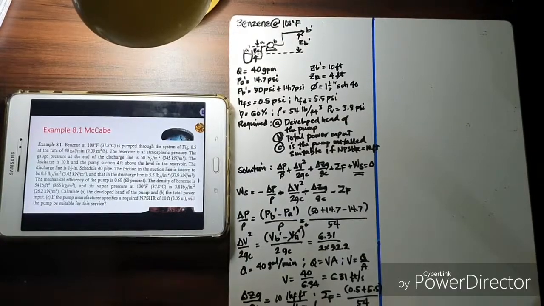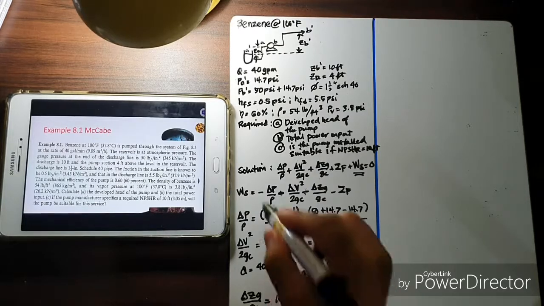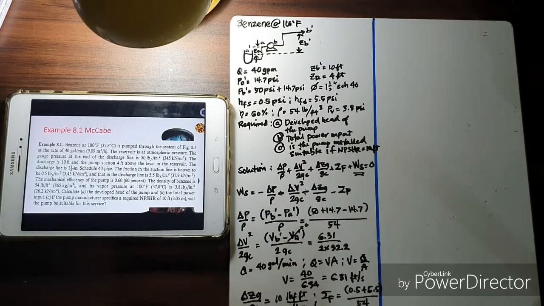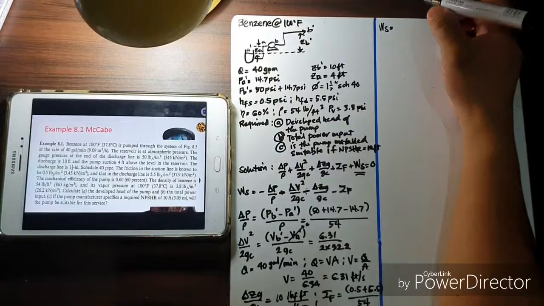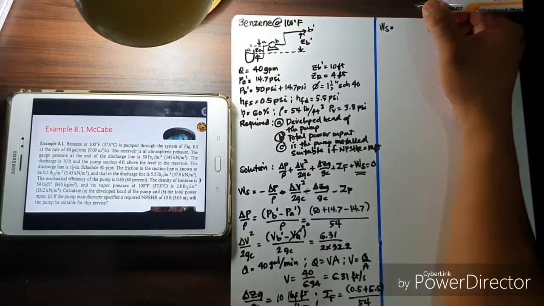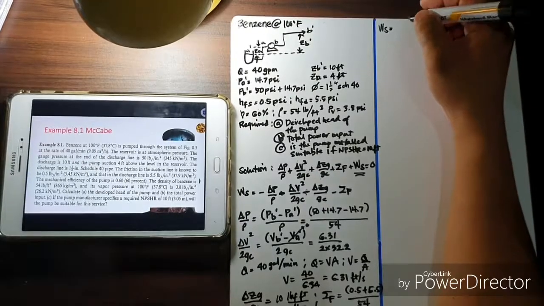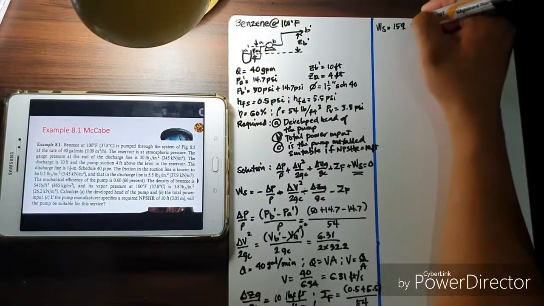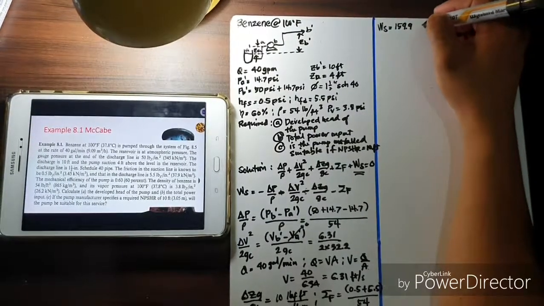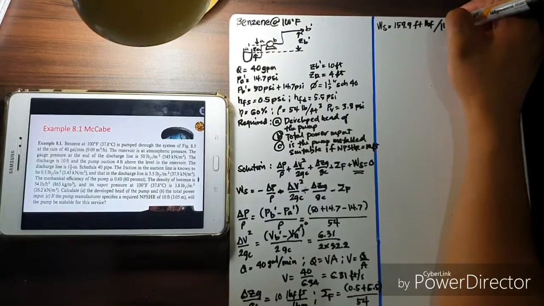So this is equivalent to, okay, if we are to sum all of them with the negative signs in it, the shaft work will then be equivalent to, of course not considering all the signs, 159.9 feet pound force per pound mass.